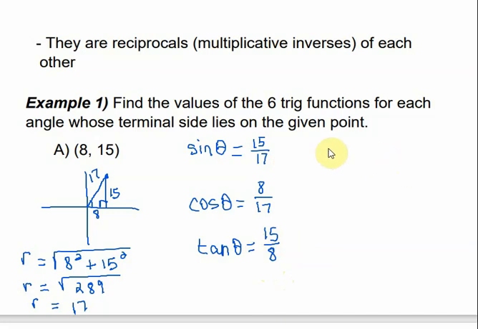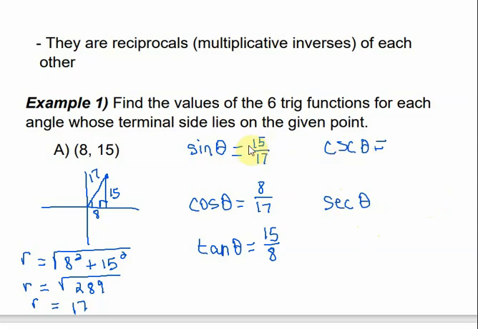Now those reciprocal functions, the reciprocal of sine is cosecant. So that's always been backwards to me. You would think that the c's go together and the s's go together, but cosecant is the reciprocal of sine and secant is the reciprocal of cosine. So just remember they're opposite of what you might think they should be.